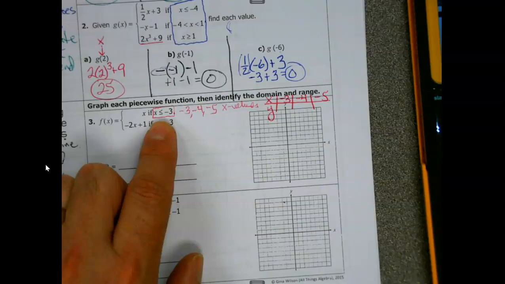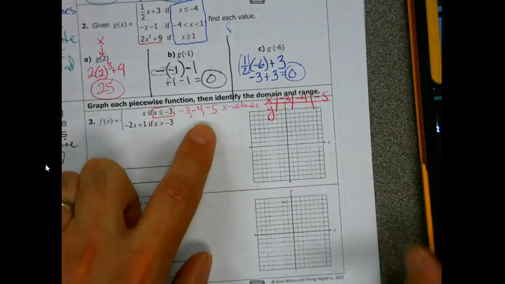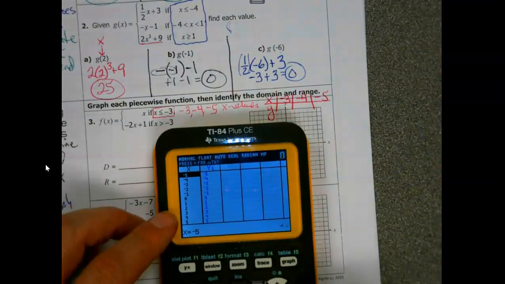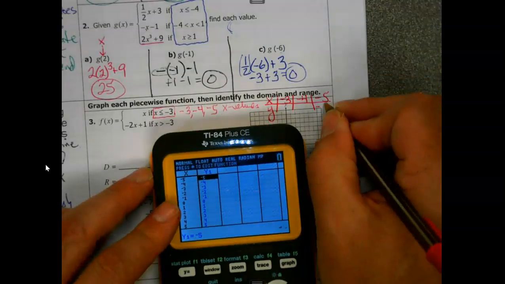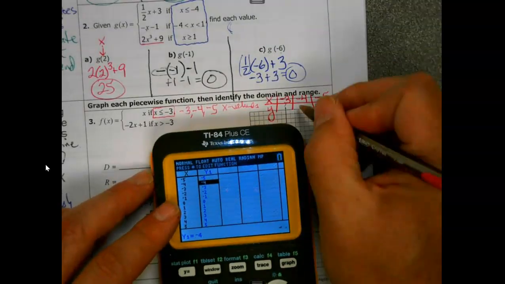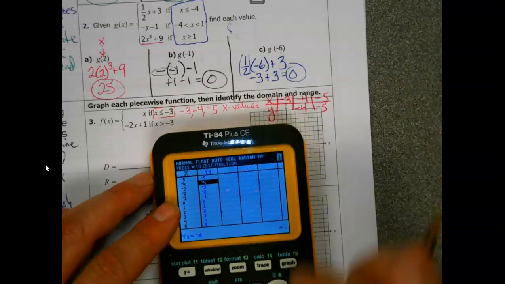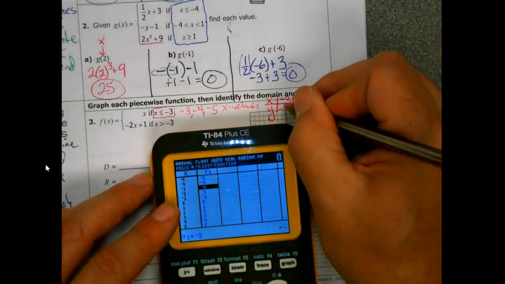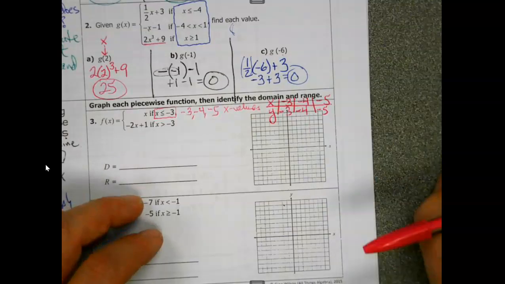So since x is less than or equal to, we're using -3, -4, -5. And I'm going to get the y values right from my chart. So you don't have to calculate anything. We're just doing some copy stuff.